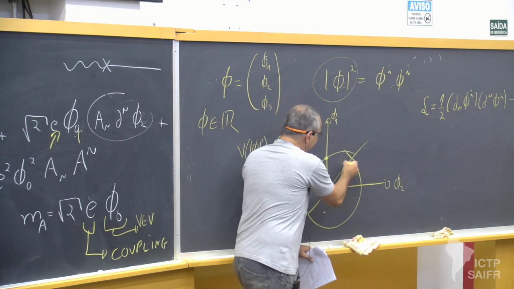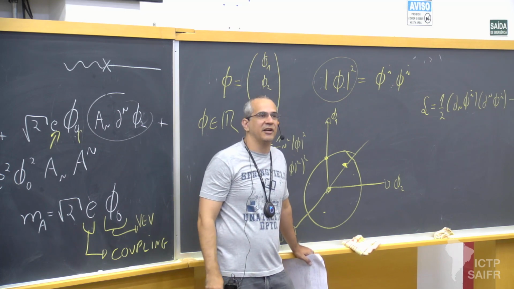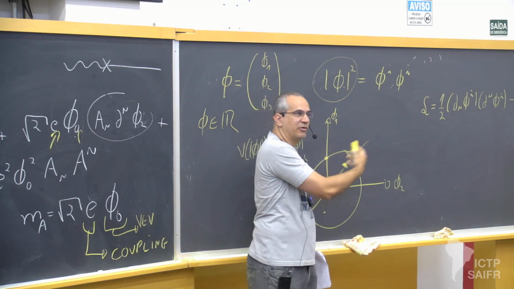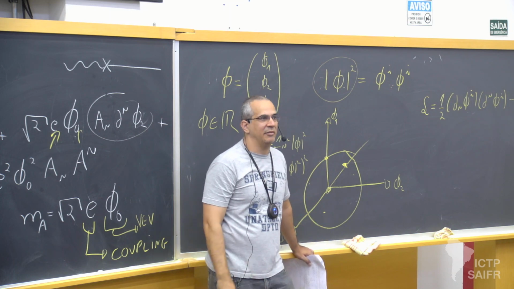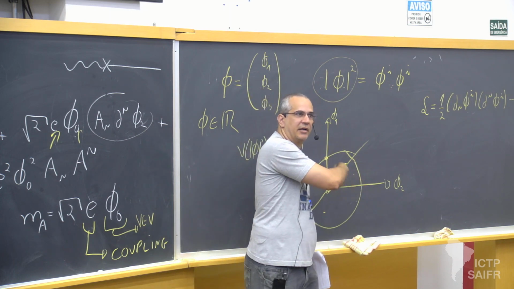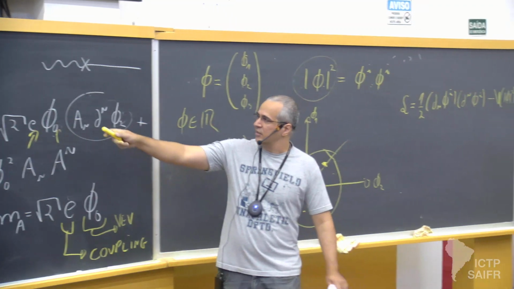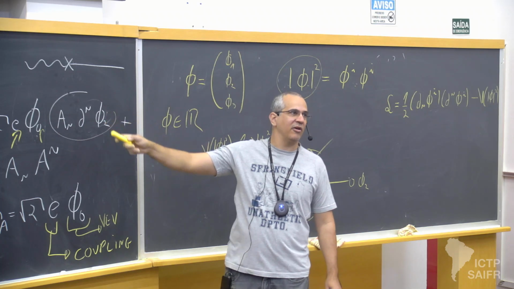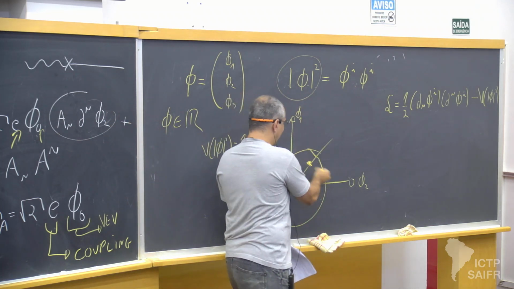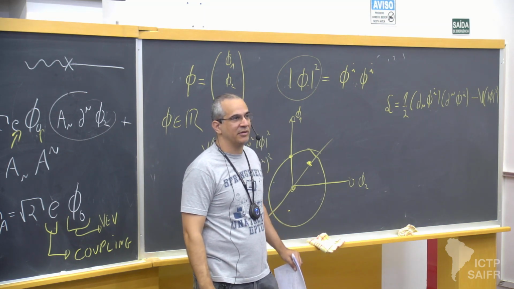But if I choose it here, I broke some combination. Right? There are 3 linear combinations. I can make all of these. I broke 2 of them, and 1 is kept unbroken. So you can see that independence of the choice of where I put the vacuum. I can make complicated choices that will make my algebra complicated, or simple choices, which is take one of these directions, your favorite one, and that's the one that will be unbroken.